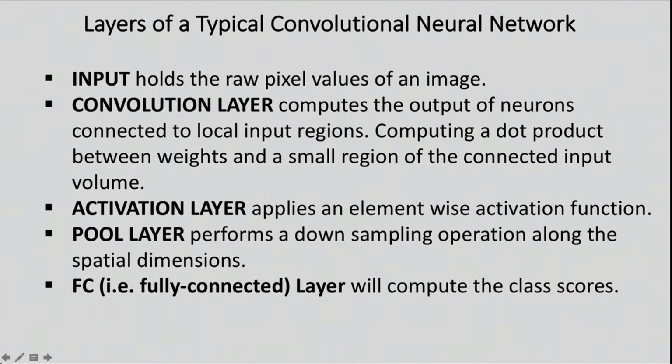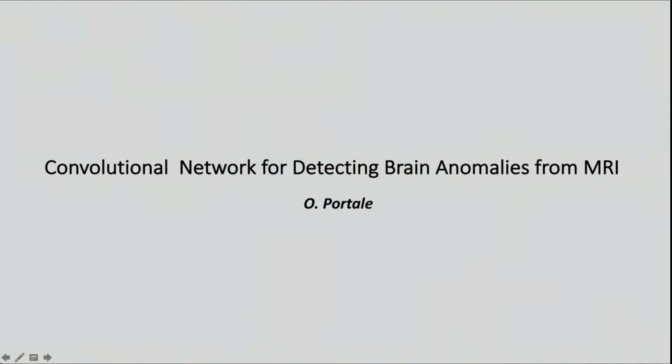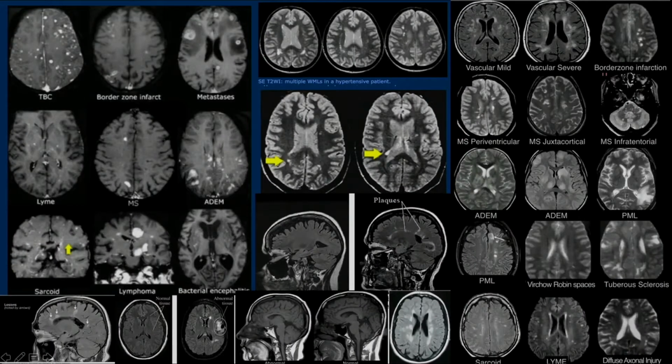Okay, so how does that actually look in a real network? So here's an example that I've worked up. Here's a convolutional neural network for detecting brain anomalies from MRI images. The idea here is that I have a couple 100,000 MRI images of the brain.